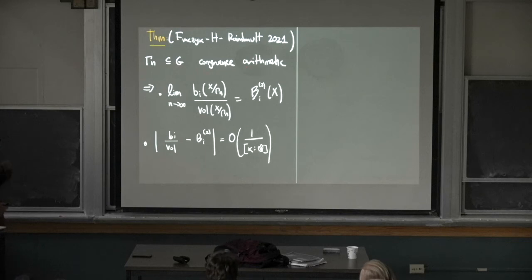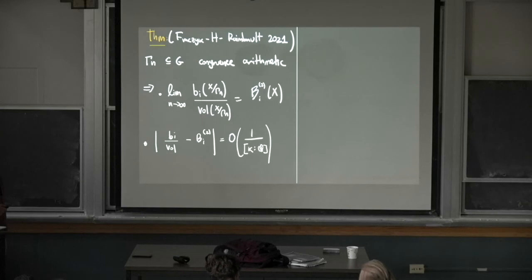But what we proved is that if you look at the Betti numbers of these manifolds and divide by the volume, as the volume of the manifold goes to infinity, this converges toward a number called the L2 Betti number, which is most of the time equal to 0.